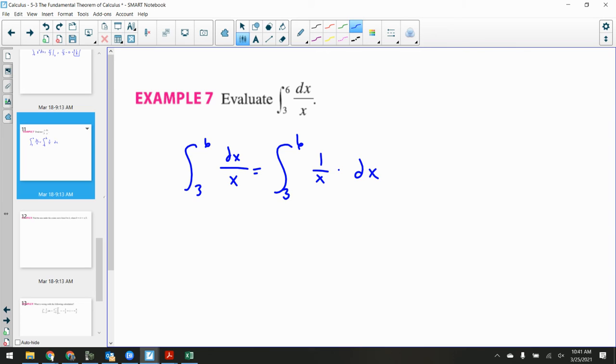And now that makes a little bit more sense. So what's my function that I'm going to find the antiderivative of? It's 1 over x, which is going to get us to ln of the absolute value of x. So this is going to be ln of the absolute value of x from 3 to 6. Do I have to worry about the absolute value? No, because they're both positive. Don't need to worry about that.